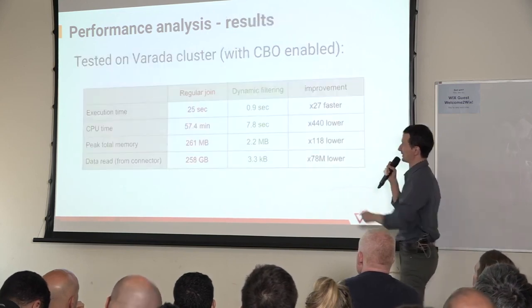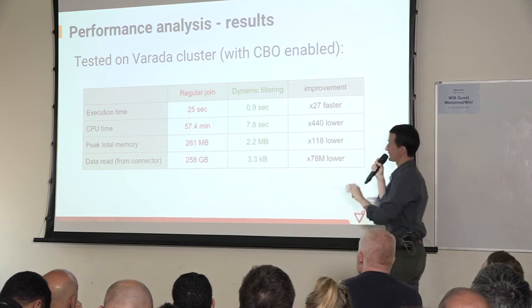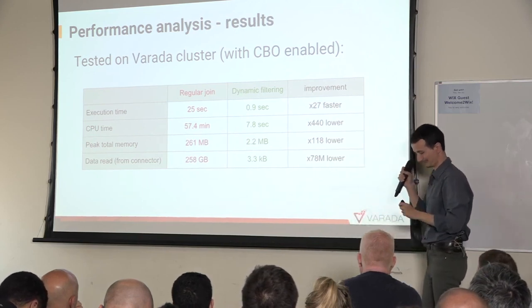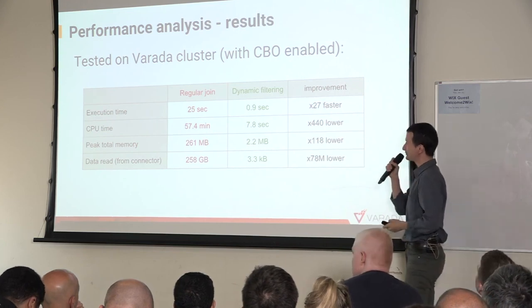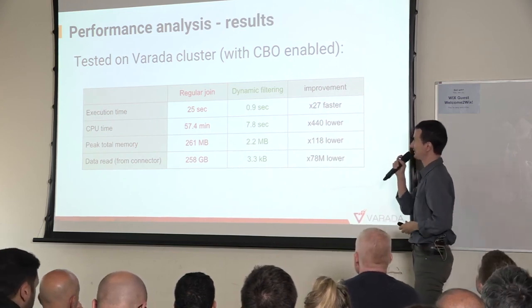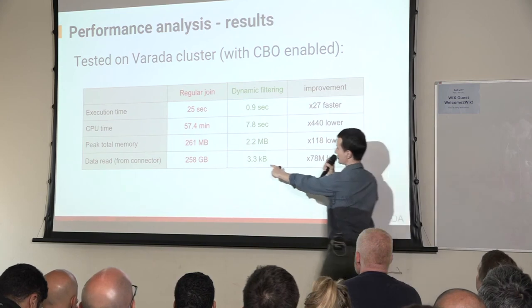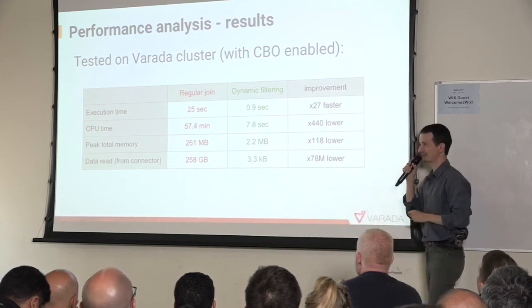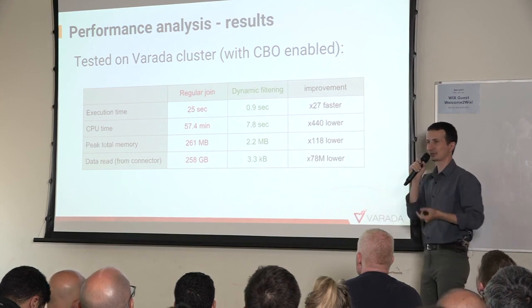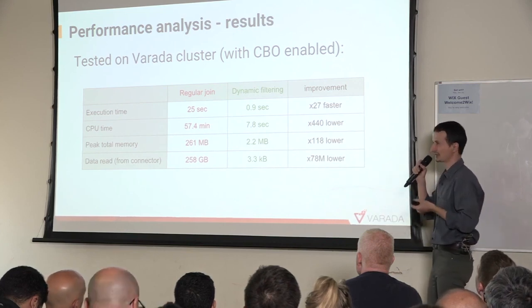So let's take a look at the numbers. The red column is the regular join with CBO enabled, running on our cluster. You can see that when we enable dynamic filtering, we process much, much less data, about 8 orders of magnitude less, because the connector just skips the non-relevant rows.